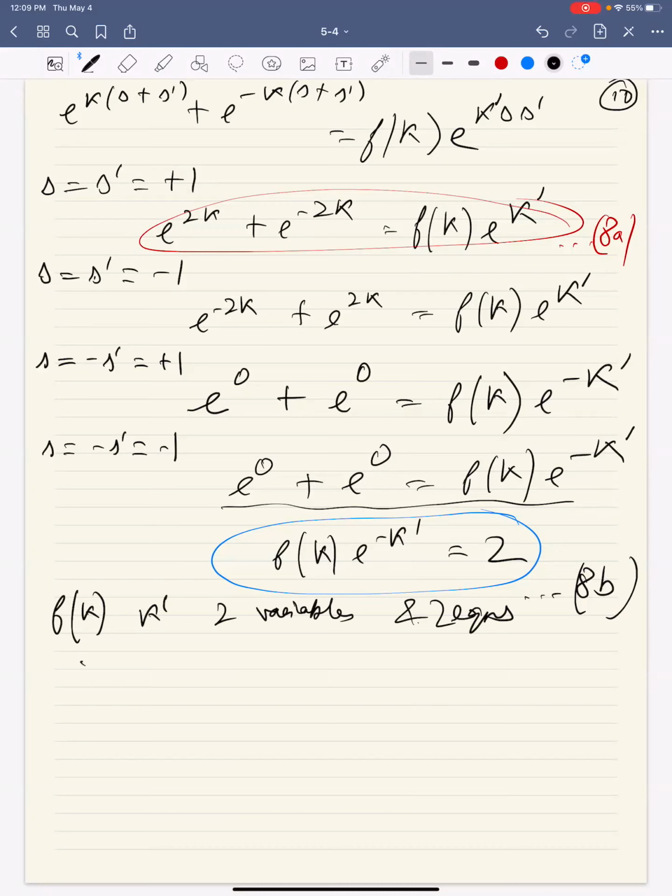So 8b, this is just algebra, the following lines. So f of k is equal to 2 e to the power k prime. I just moved e to the power minus k prime to the right side. So put this in 8a.